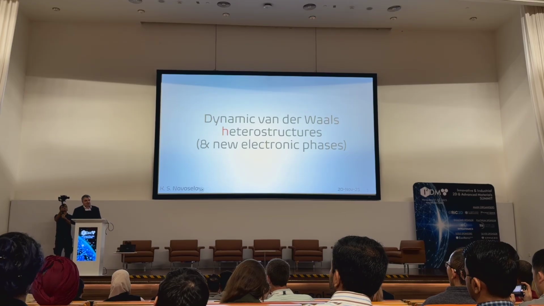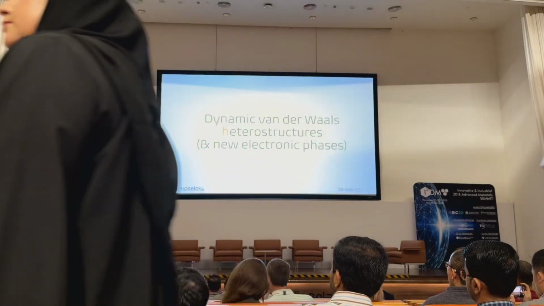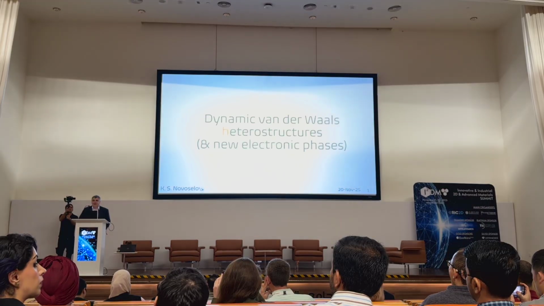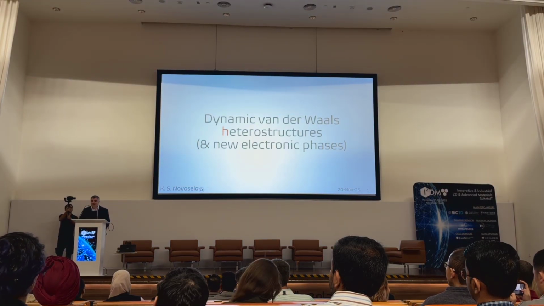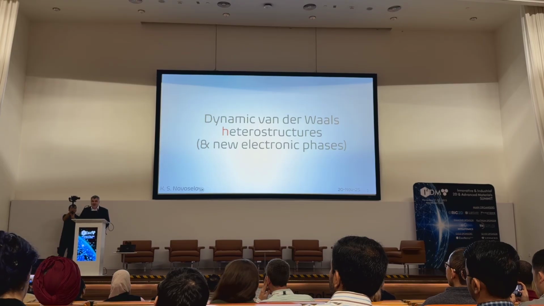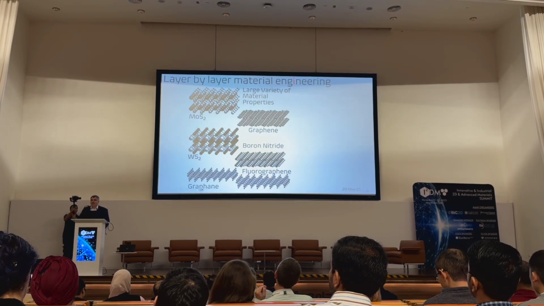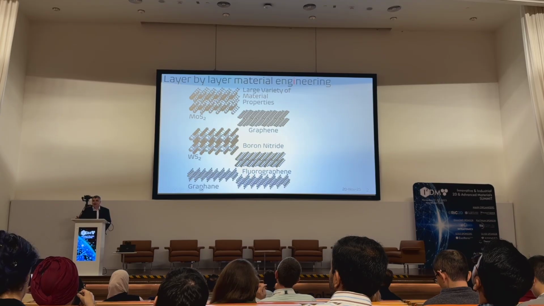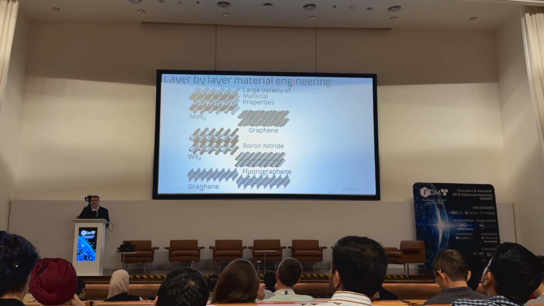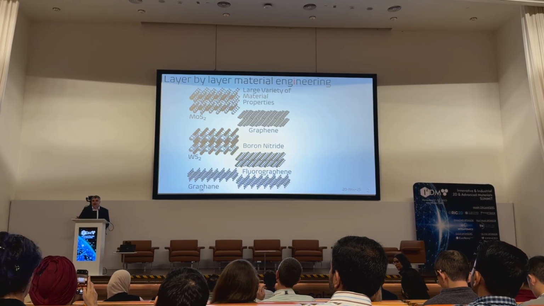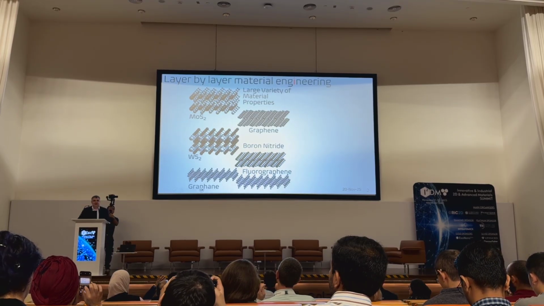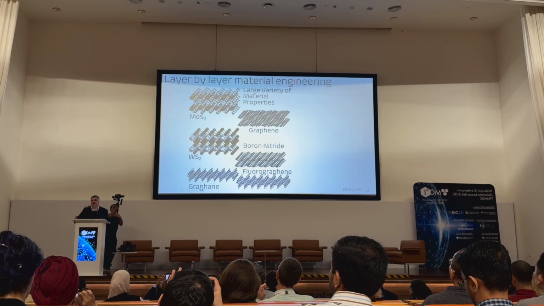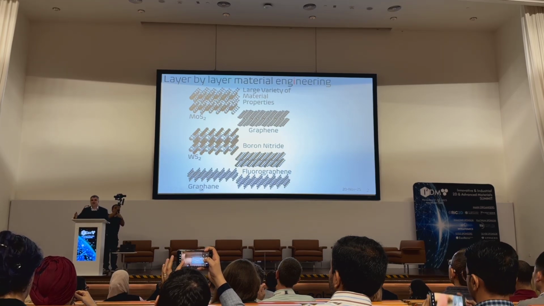So I'll be talking today about the dynamic van der Waals heterostructures, and let me try to give you a flavor of what I mean by the dynamic heterostructures. Quite soon after people isolated graphene, many other 2D materials appeared, which is really great because you've got access to the semiconducting, to the superconducting, ferromagnetic materials.